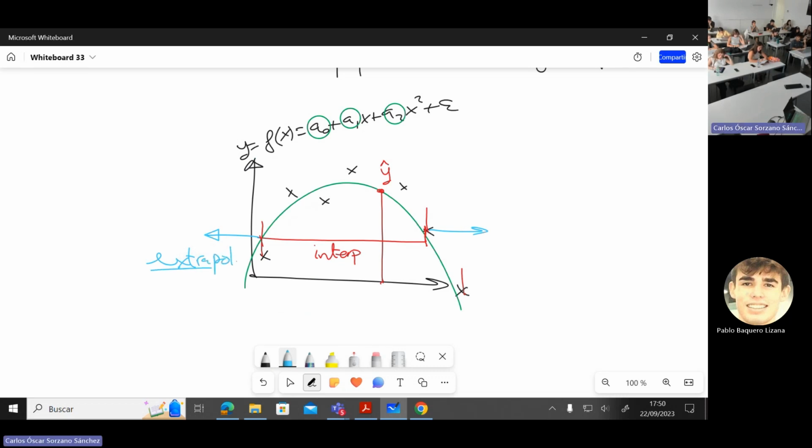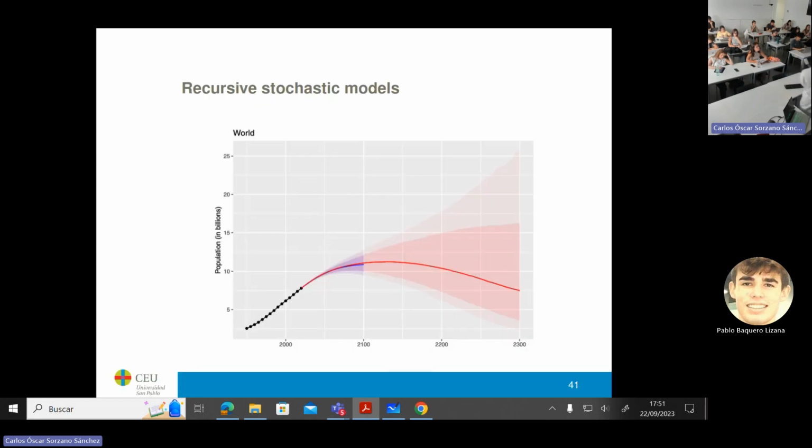So extra is outside, inter is inside. Models are only valid within the range of data that you have used to find the parameters. Outside that, they can be rather bad. Not always, but they can be. And it is important that you associate some uncertainty to how sure you are that your predictions are good.